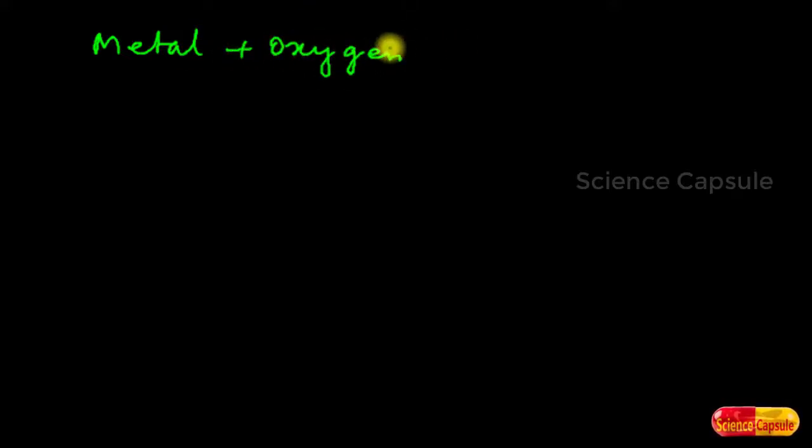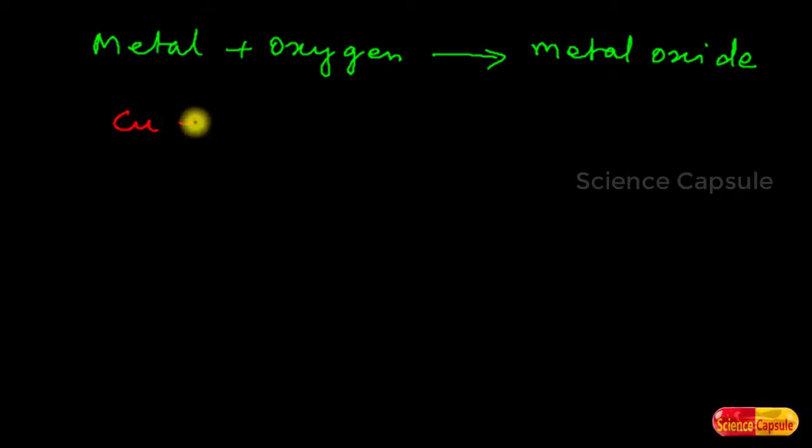Let us start with the general equation. We know that when metal reacts with oxygen, this general reaction needs to be understood. Here we get metal oxide. Dear students, almost all the metals react with oxygen to form metal oxide. Let us take some examples to understand this. Students, when copper is heated in air, then what happens?